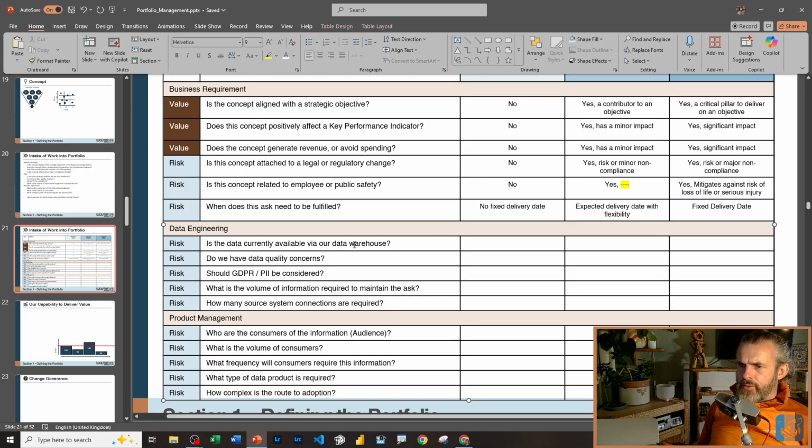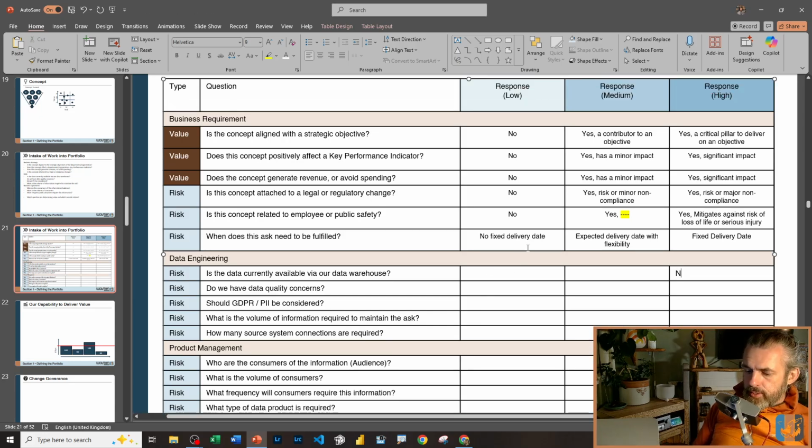Is the data currently available in our data warehouse? Right. So the high risk response is that it's not available. So a no. Yes, all data items available.